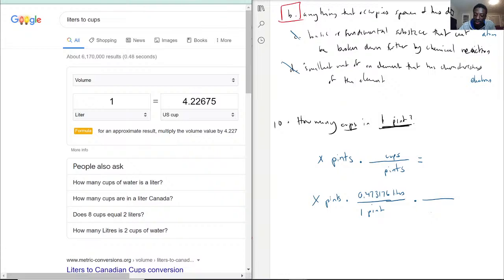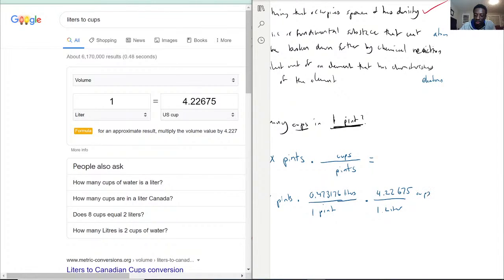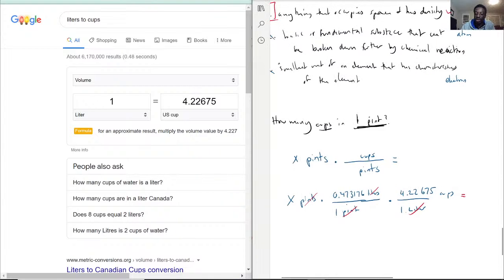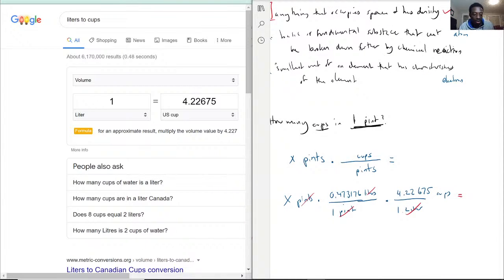We have 1 liter is 4.22675 cups. So if we cancel out the units, liters are gone, pints are gone, and all we're left with is cups. So effectively, we have 0.473176 times 4.22675, and we get as close to 2 as possible.